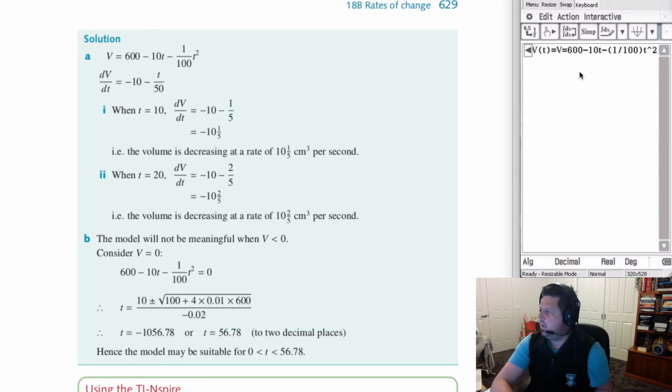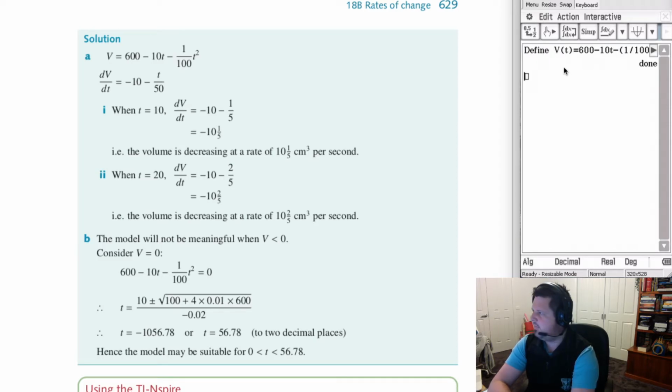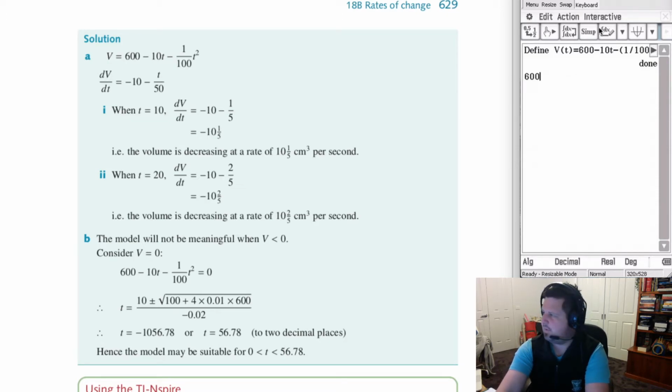Cool. Now, what I should have perhaps articulated there is you do not need to put in that v equals. Sorry, you just need to have the actual equation. So let's get rid of that. It's defined. Perfect. So let me demonstrate that so I don't make that mistake again.